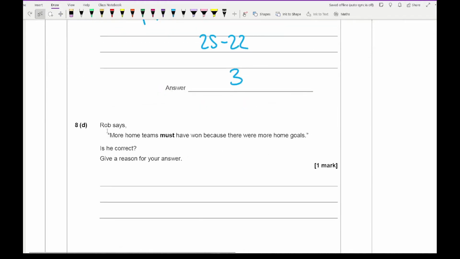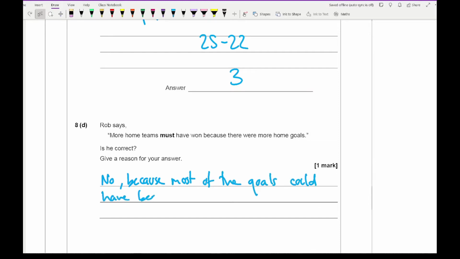Now it then says that Rob says more home teams must have won because there were more home goals. Is this correct? Well, no, because most of the goals could have been scored in one game.